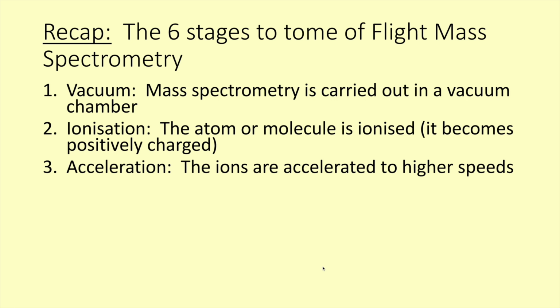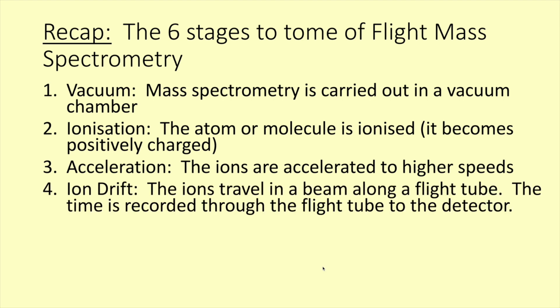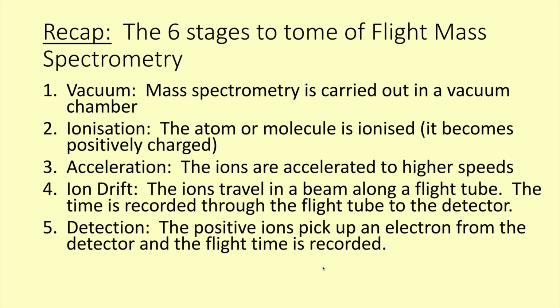But of course our acceleration is mainly to get those higher speeds and separate out those different sized ions. So our heavier ions travelling slower than our lighter ions, and then we allow those ions to drift in the flight tube until it reaches the detector, and we're recording that time of flight in the flight tube until it reaches the detector.